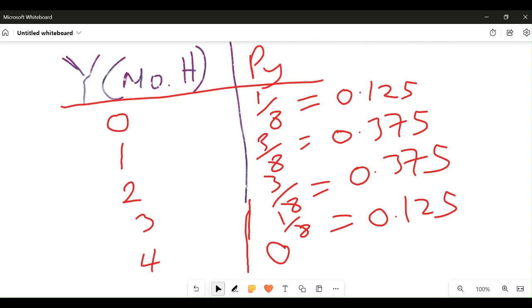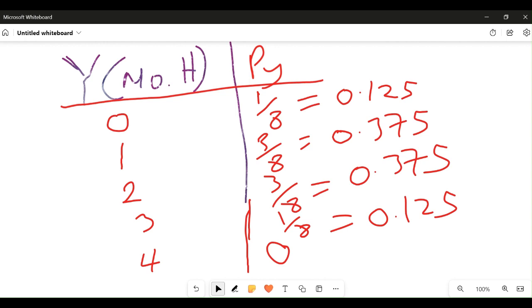Now with this table that we have formed, this is a probability distribution table. It shows the likelihood of the occurrence of heads in a random experiment. It shows the number of outcomes, which is the y, and the probability of it occurring. You can have 0 heads, 1 head, 2 heads, 3 heads, 4 heads, and it shows the probability.